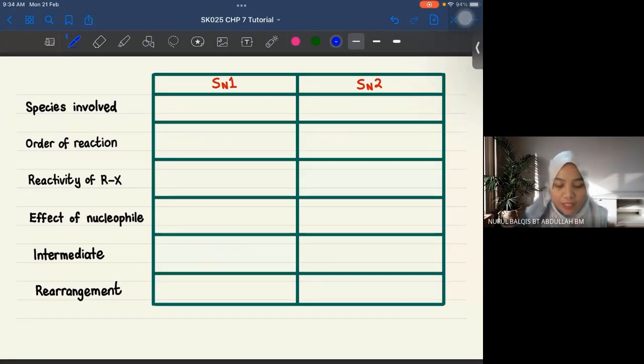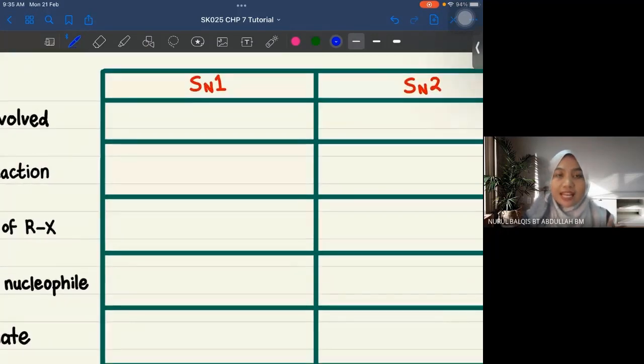So as for the species involved dekat dalam SN1, semalam kita discuss SN1, kenapa nama dia SN1, kenapa nama dia SN2. So what about the species involved to determine the rate of reactions and order of the reaction? Kita guna apa? Berapa banyak species involved dalam ni dan siapa yang terlibat?